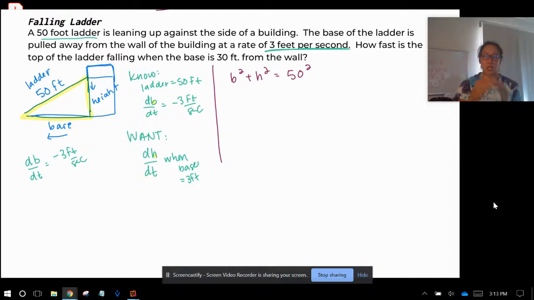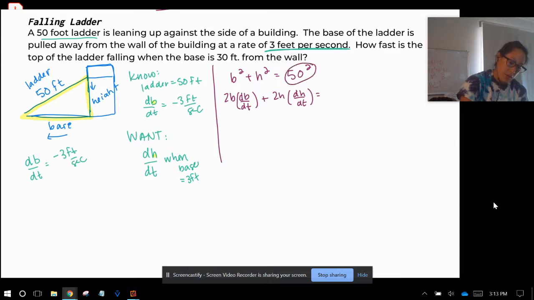If the length were going to change as I pull the ladder away, then I would need to use a variable instead of a constant. Okay, so derivative: 2b times dB/dt plus 2h times dH/dt is equal to, the derivative of 50 is 0. Think about it. The ladder is not changing length, so it has a rate of change of 0.